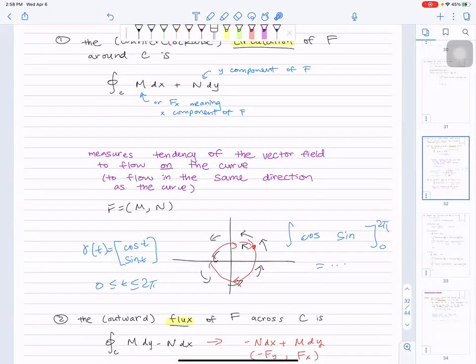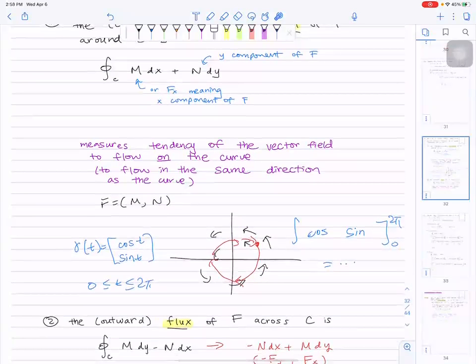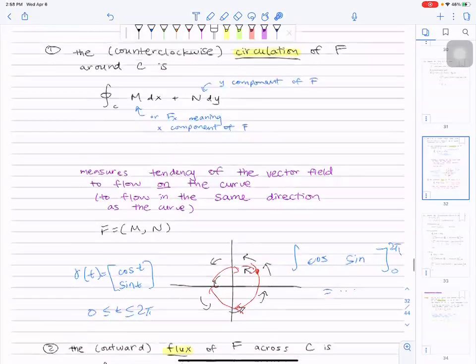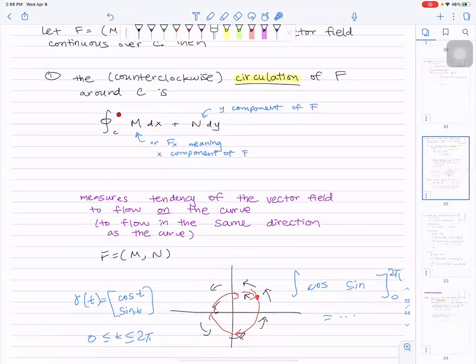So with that example, we drew the vector field, and the one at the top has negative circulation, because our vector field is going counterclockwise but our red path is going clockwise. What's the equation for circulation? It's F dot dr, which is F_x dx plus F_y dy.